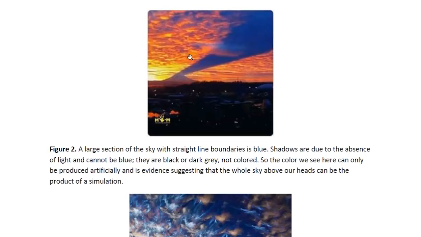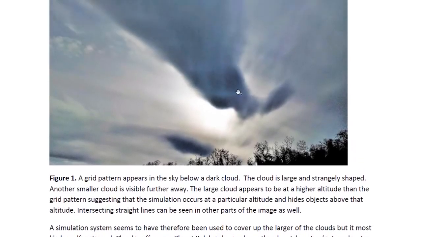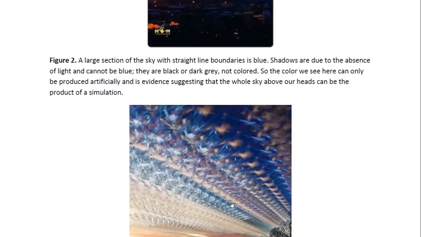So most likely the colors that are being used are in an attempt to hide the presence of colored clouds. See, there's pink there. And most likely the blue was also in an attempt to cover up something, but obviously all three cases are cases where something malfunctioned.